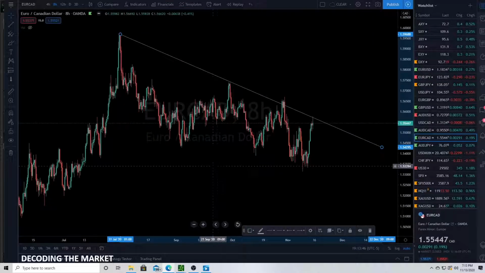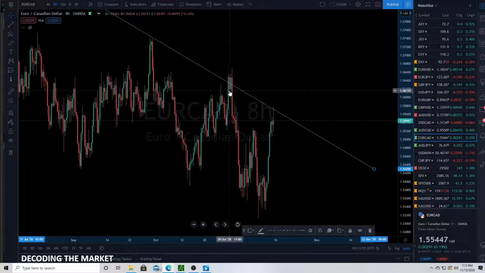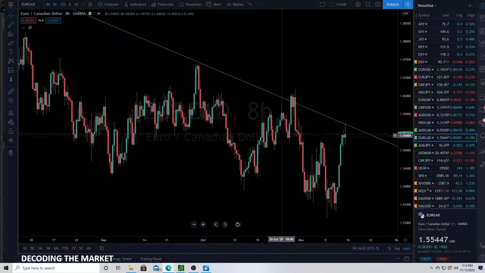Looks like it's touching from here. One, it was a break above. If you notice, guys, the technical analysis about the third candle, look how this works sometimes.